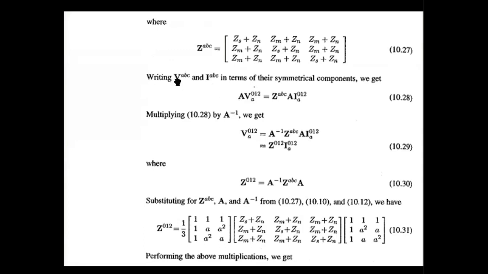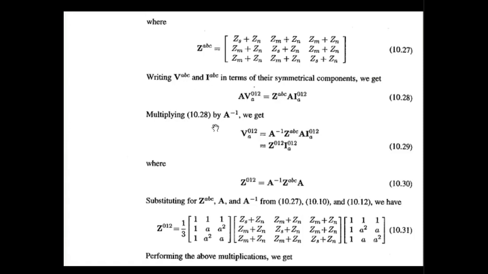This is the equivalent of VABC in terms of V012. And this is the equation, the problem formulation equation in compact form. We have just replaced that VABC in terms of the V012 domain, not multiplication by A. Because if you multiply that, in that case Z should be there also, right? Yes, I understand.